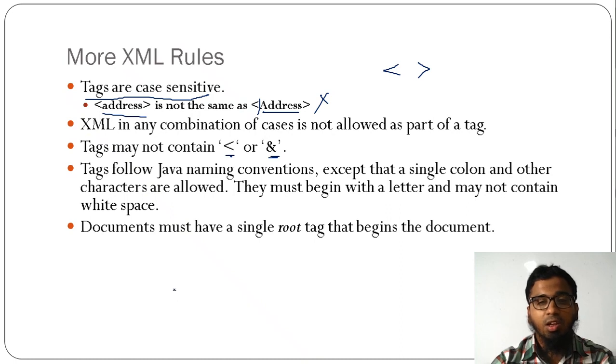Like you cannot write first then space name. That should be no space needed. So a document must have a single root tag that begins the document. So this is all about the XML rules.